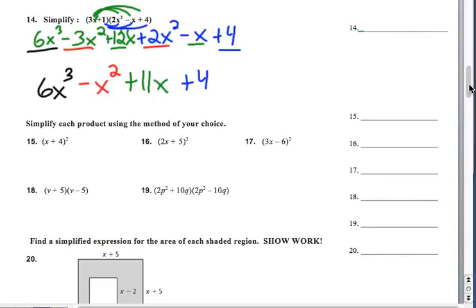All right, so the next section is still foiling. You just have to remember that it's foiling. The way that you remember is writing it out twice. x plus 4 squared is literally just x plus 4 times x plus 4. When you write it out like that, now you can see the foiling process unfolding.